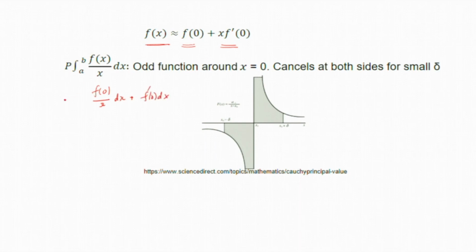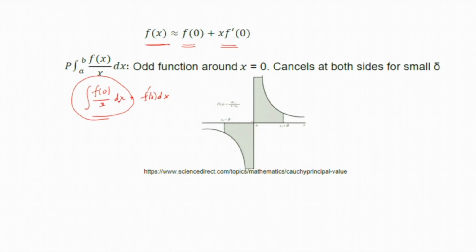Now, the problem is near the origin. Near the origin, f(0) is a finite number. We assume that f(x) has no singularity. So, f(0) by x is an odd function in x, since f(0) is a constant. So, this integral from minus delta to delta, in this singularity regime, they almost cancel each other.